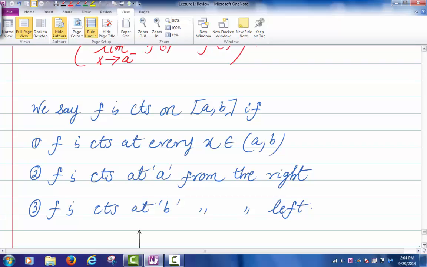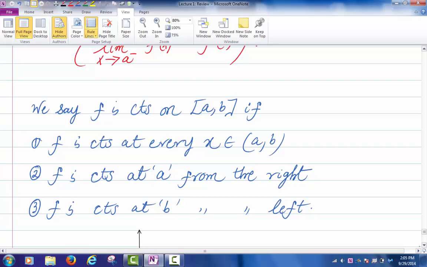Remember, we said that if I say that f is continuous on a closed bounded interval from a to b, it means that f is continuous at every point inside of that interval, and also f is continuous at a from the right side, f is continuous at b from the left side.